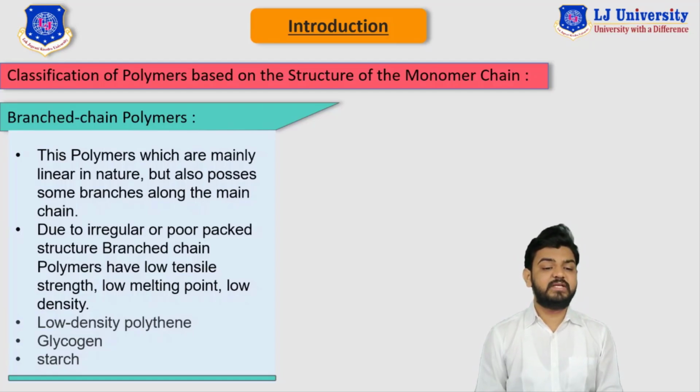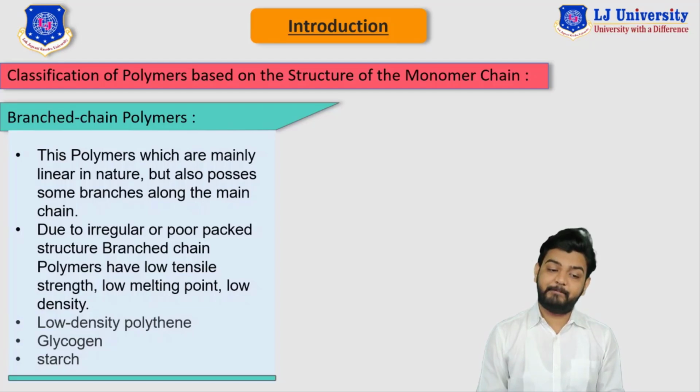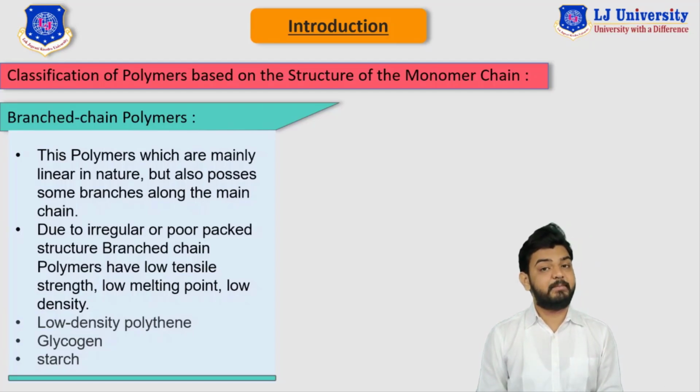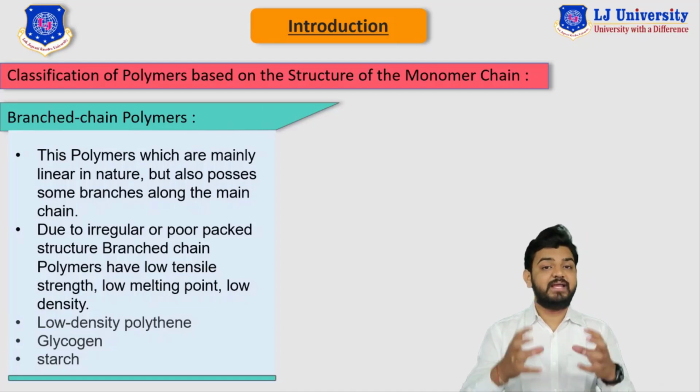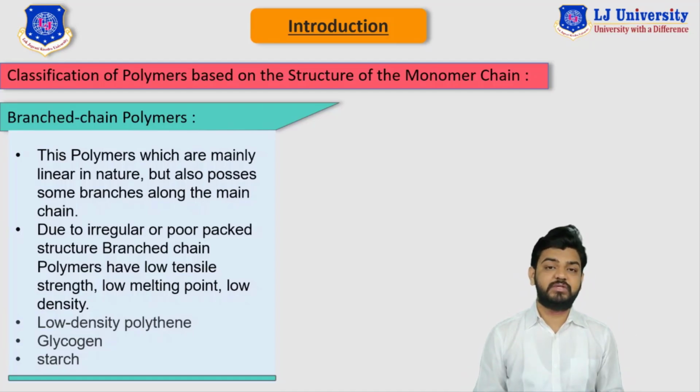Due to this irregularity or poor packing of the structure, branched chain polymers have a very low melting point, and very low strength and tensile force. It is easy to understand that the monomers in this polymer are far apart from each other, so they are not tightly packed, and they will have lower density than the linear polymer.